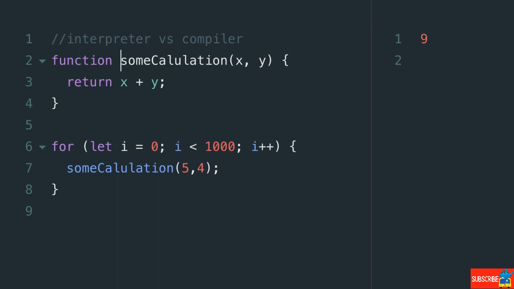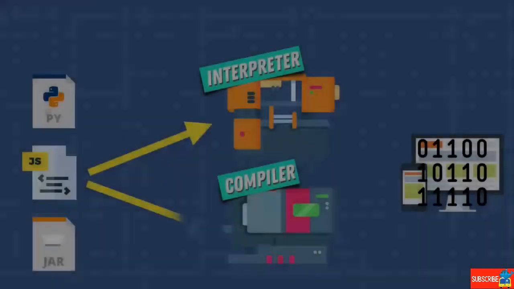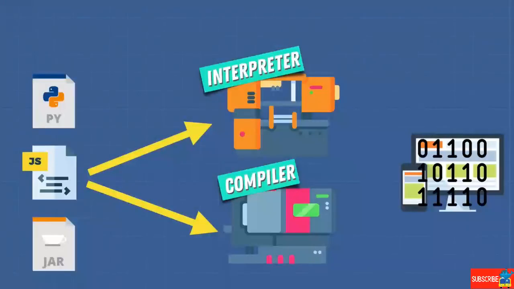Now, I know you're still a little bit confused. You see, the definition itself is actually a little bit fuzzy. In some respects, all languages have to be interpreted and compiled. Because it has to run, it has to be interpreted, and it also has to most likely get translated into something low level like machine code.